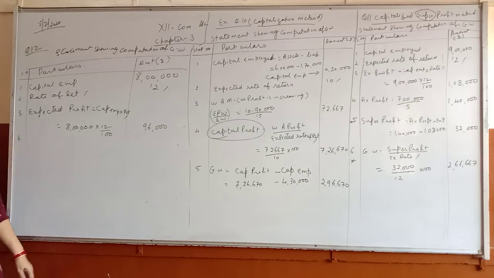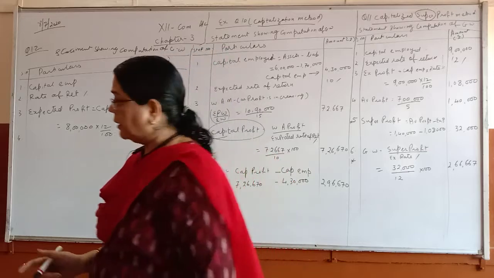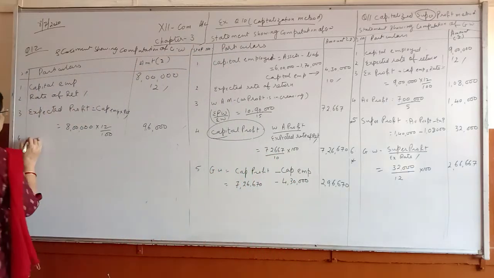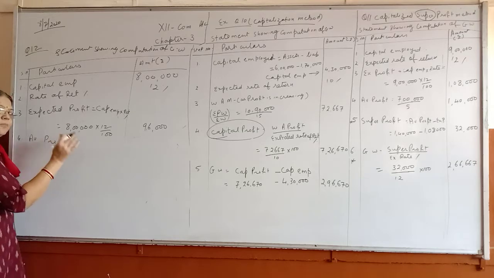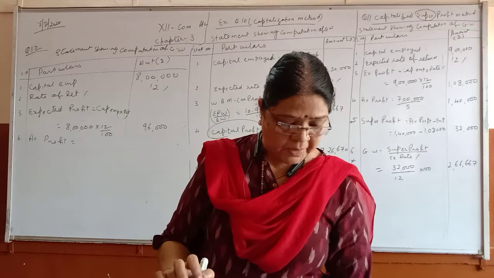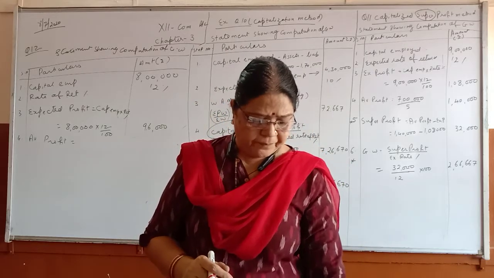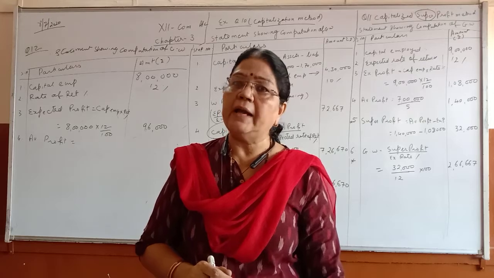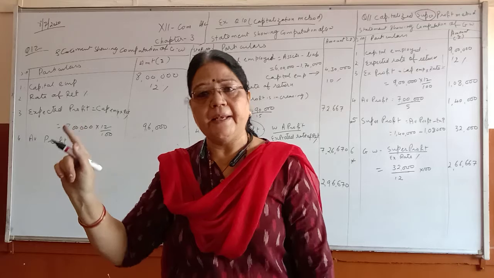Then the fourth step, same as before, we are going to find out average profit. Here also, by the simple method, you will do the total of profit for 3 years. Here also, children, the first year is 1,20,000, then 90,000 and then 1,50,000. The profit is increasing, then decreasing, then increasing.